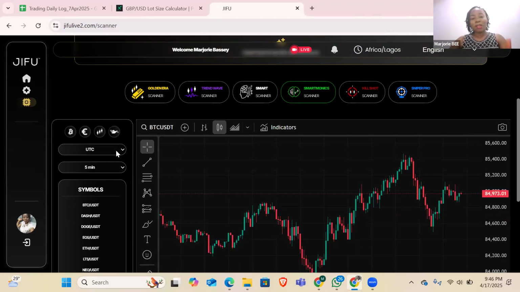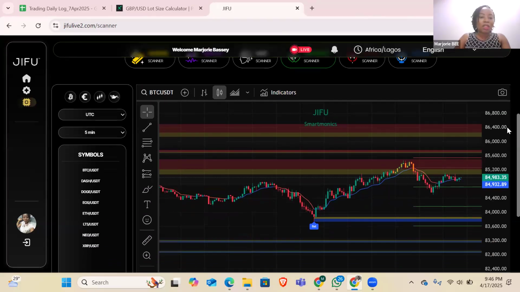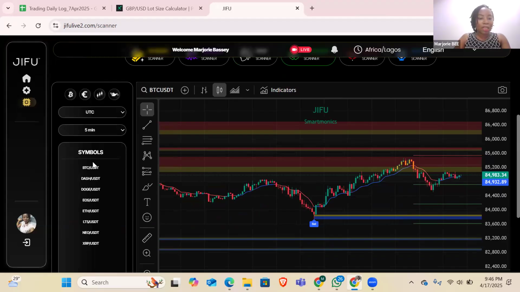And when you come here, let's first go to the left-hand side of the scanner. Now you see the Bitcoin symbol here. When you click on that, it gives you the list of cryptocurrencies available on this scanner. You have BTC and Ethereum and XRP, about 8 of them, listed on this scanner.